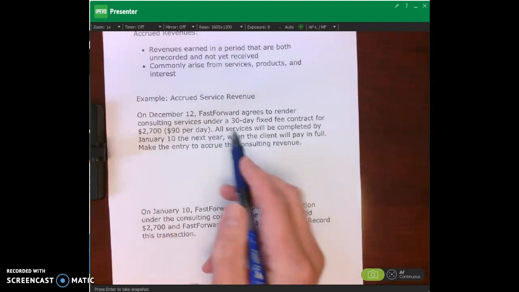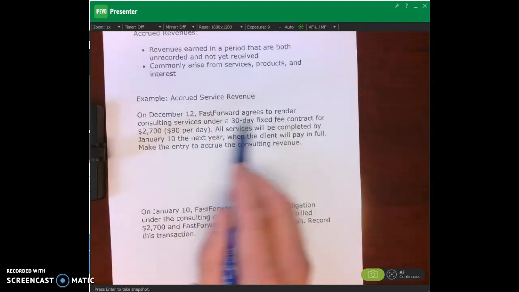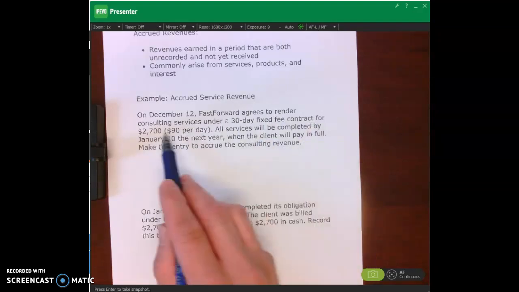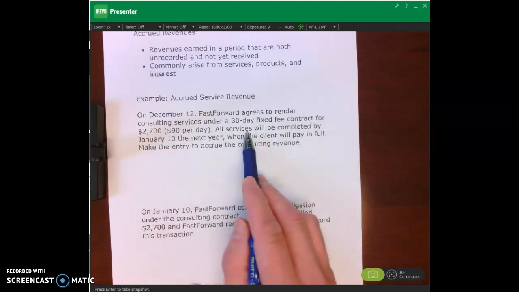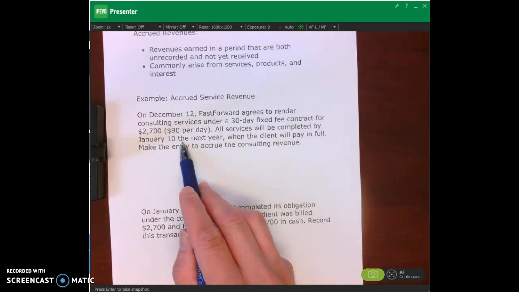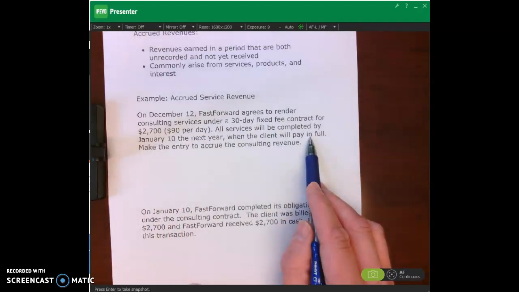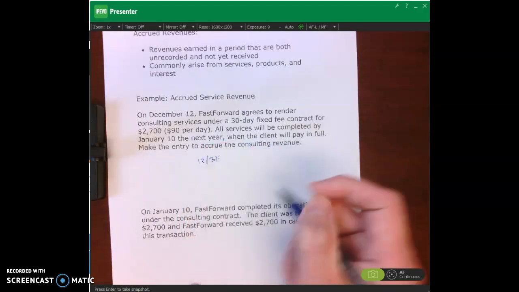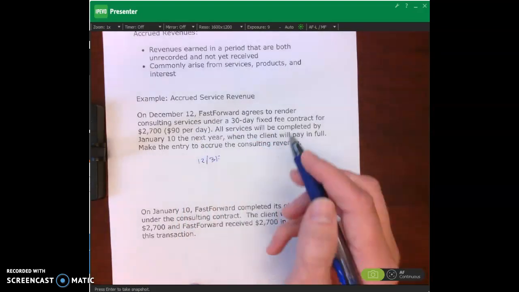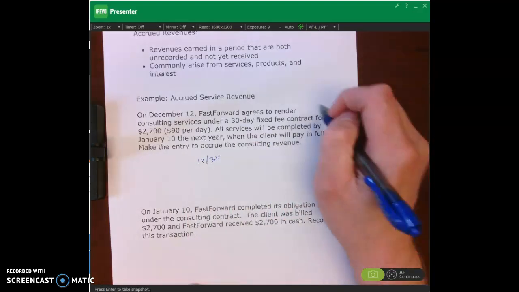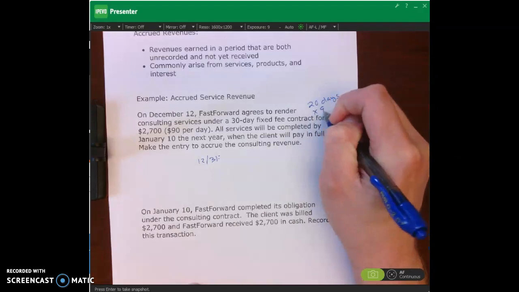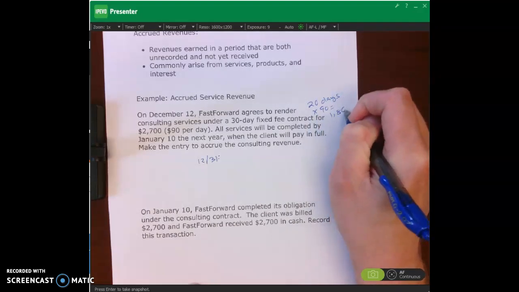So on 12/12, Fast Forward agrees to render consulting services under a 30-day fixed fee contract for $90 a day. All services will be completed January 10th the next year when the client pays. On 12/31, from the 12th through the 31st, we have 20 days times $90 a day gives us $1,800.